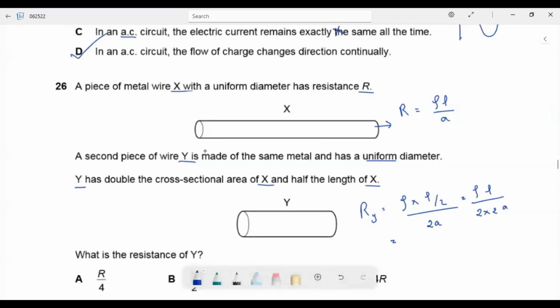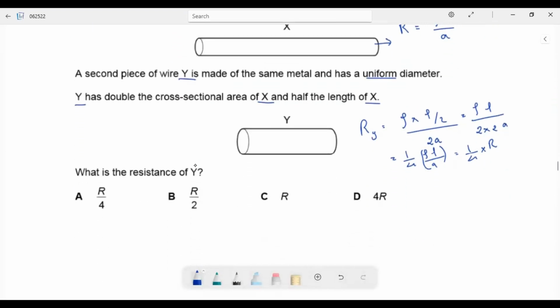This can be written as 1 by 4 into rho L by A. Rho L by A is R, so that is equal to 1 by 4 into R. So the resistance of Y will be R by 4. The right answer is A, R by 4.